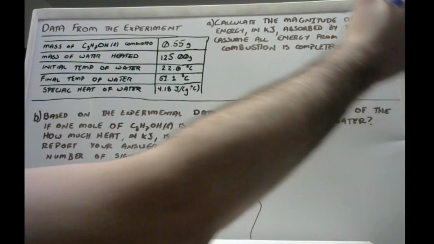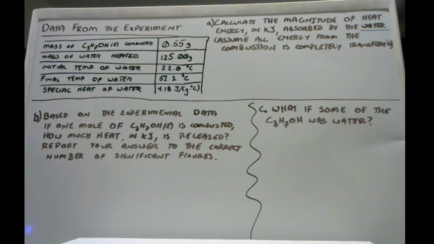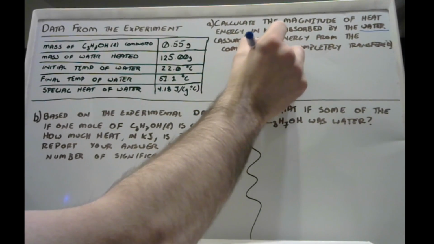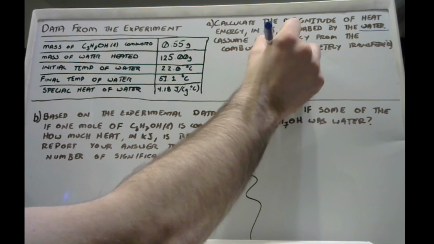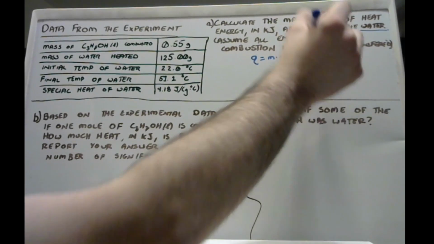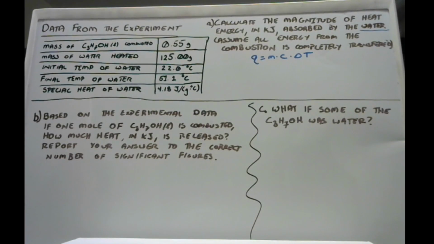So we have water. It changes temperature. We have a specific heat. That makes me think Q equals MC delta T, which is an equation on your equation sheet.